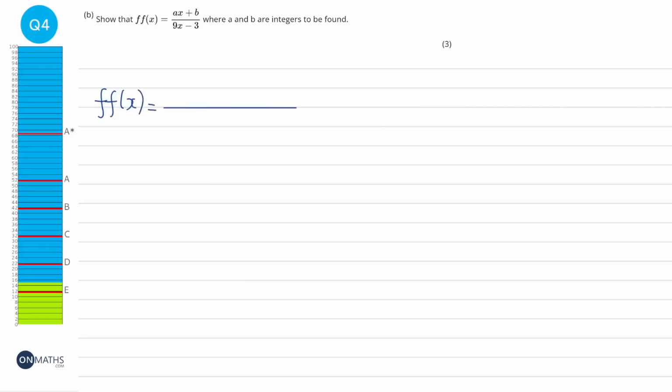So we've got 11x, so it'd be 11 times the function, which is 11x minus 7 over x minus 2, minus 7 over x, which is the function again, minus 2.